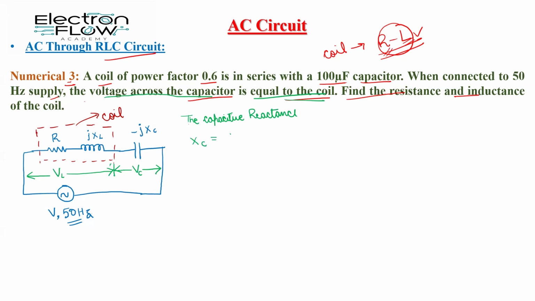We know that XC is equal to 1 upon omega C, meaning 1 upon 2 pi f C. So XC is equal to 1 upon 2 times pi times 50, since the frequency is 50, multiplied by the value of the capacitor, which is 100 micro, meaning 10 to the power minus 6 farad.